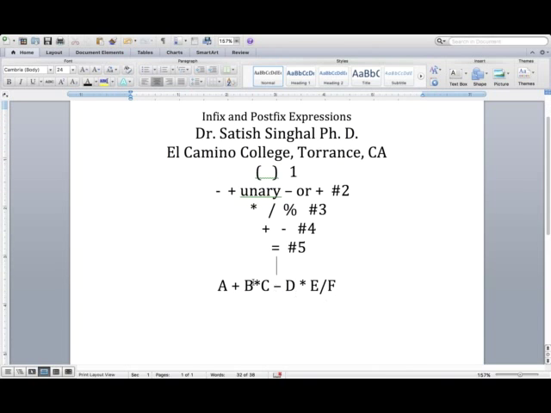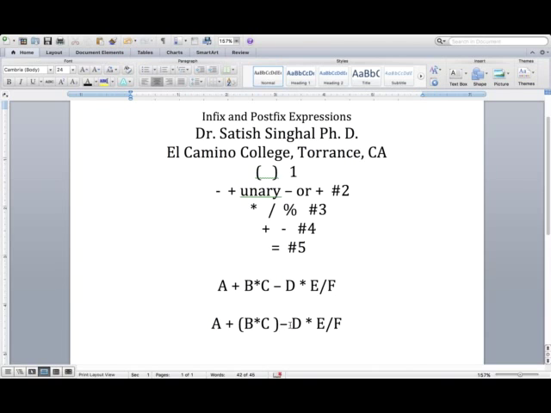As I scan from left to right, plus has less precedence than multiply, so I see this one first. So I'm going to take this expression and parenthesize it like below. Put parentheses here because I'm not going to do that first. So operator precedence allows me to parenthesize the expression.